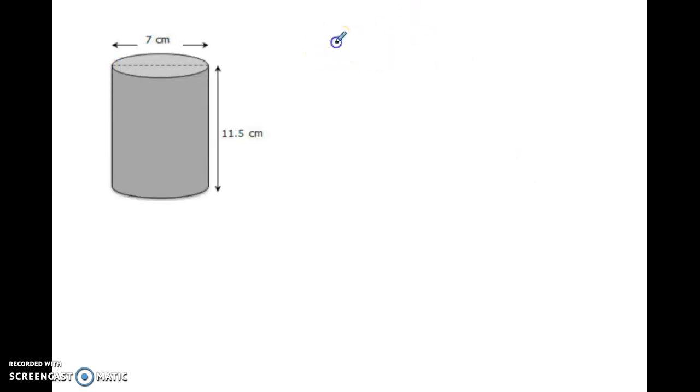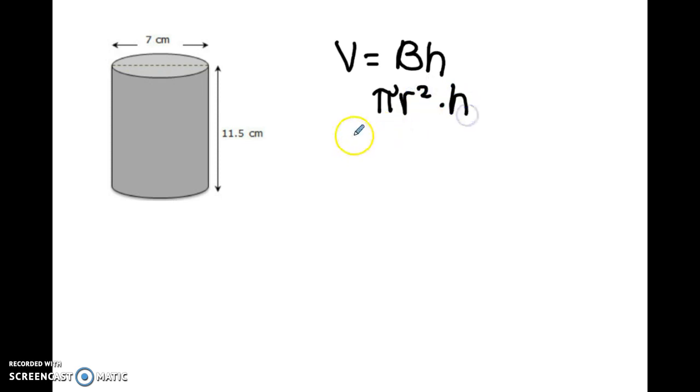Now we're going to look at a cylinder. So volume equals base area times height. So the base of a cylinder we see is a circle. We find area of a circle by doing pi r squared, and then we have to multiply by the cylinder height. So let's use 3.14 for pi. The radius is 3.5 because it gives us a diameter of 7. So 7 divided by 2 is 3.5 squared, and then multiply by the height of the cylinder, which is 11.5.